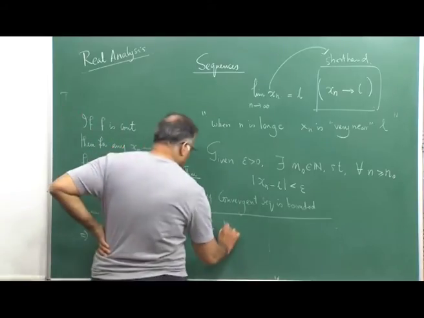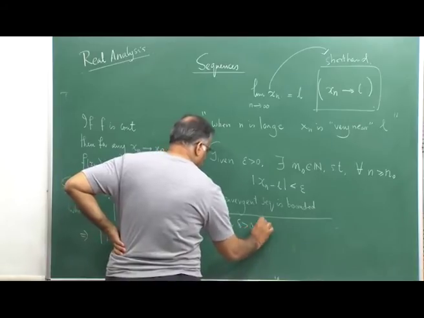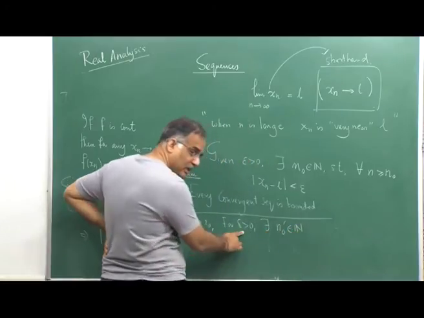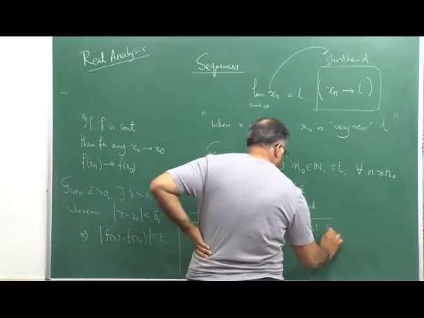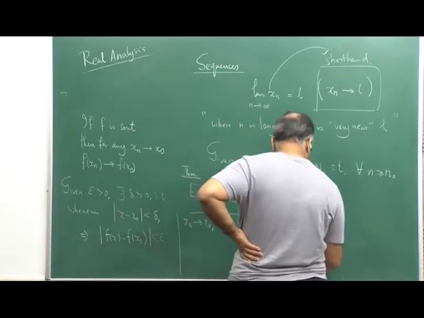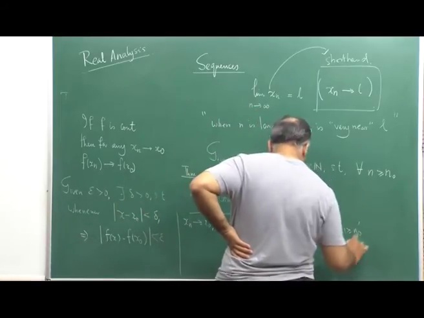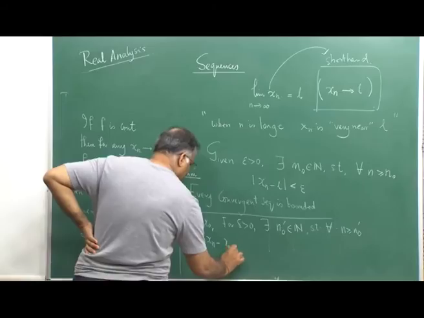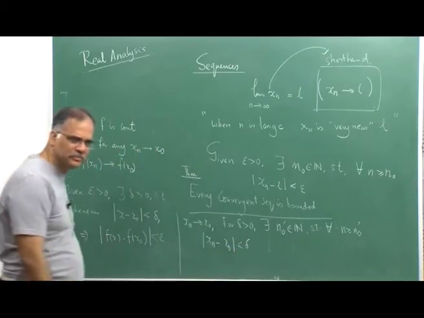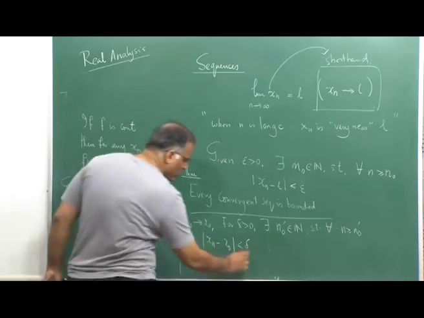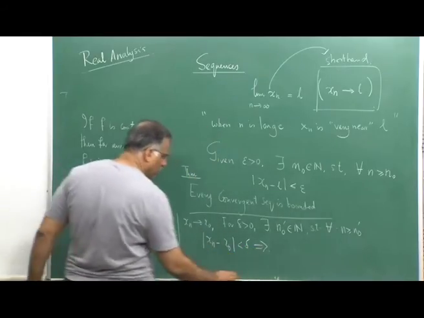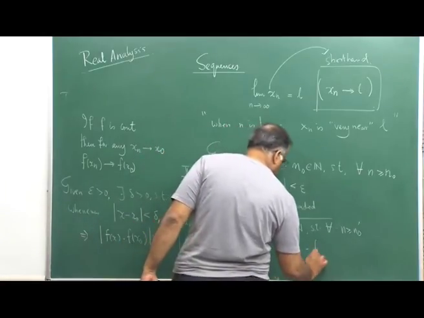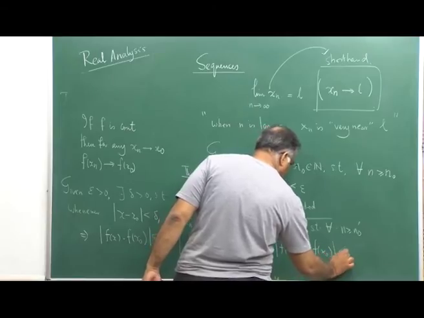So, for delta greater than 0, there exists an n naught dash in N, of course depending on the choice of this delta, such that for all n bigger than n naught dash, I would have |x_n minus x naught| less than delta. And by this, for all such points, it will imply again by the definition of continuity that |f(x_n) minus f(x naught)| is less than epsilon.